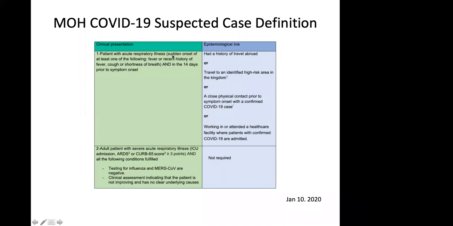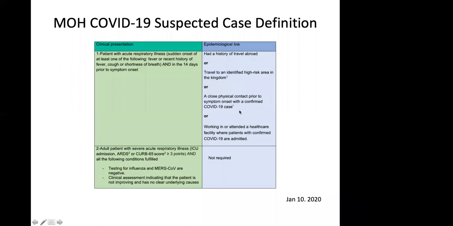So essentially an acute respiratory illness with sudden onset of at least one of the following: fever, cough, shortness of breath, and in 14 days prior to symptom onset, so within the 2-week incubation period, you would want your patient to have had a history of traveling abroad, or traveling to an identified hotspot area for COVID-19 in the kingdom. That's something that, as you can see, is dynamic and changes from day to day.